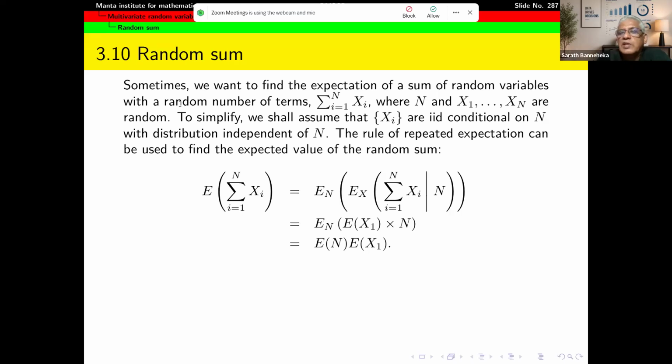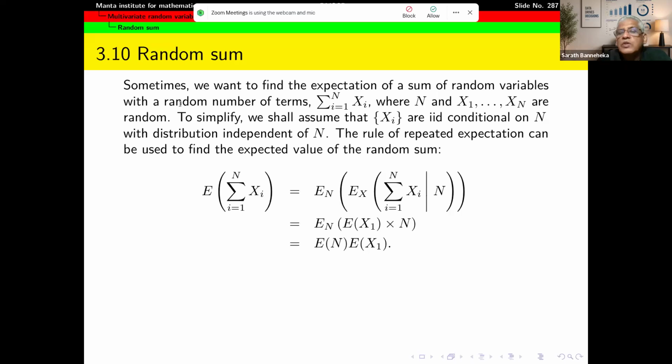X1 up to X capital N are IID conditional on N, which means when you consider a given value for N. And their distributions are independent of the distribution of N. That is another assumption. So how many terms are going to be in the sum is independent of the distributions of the X terms.